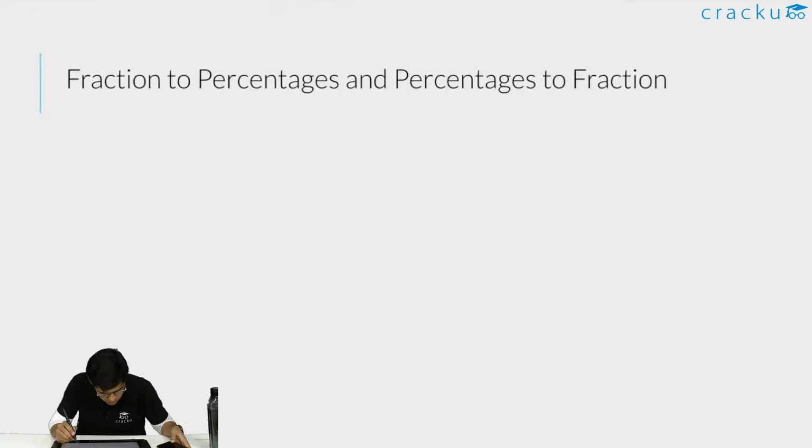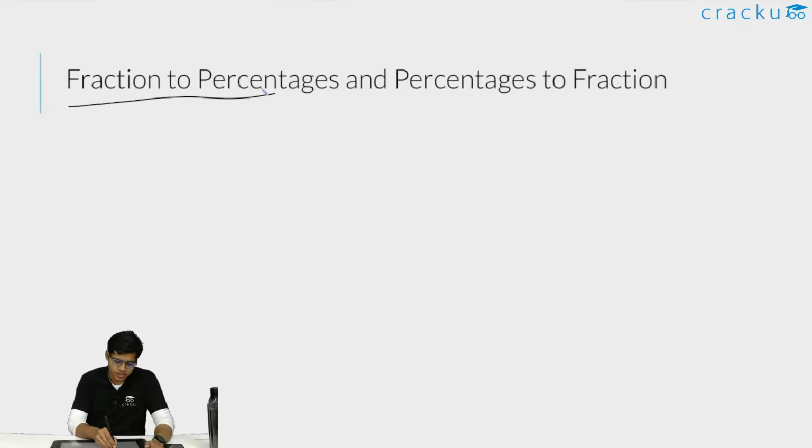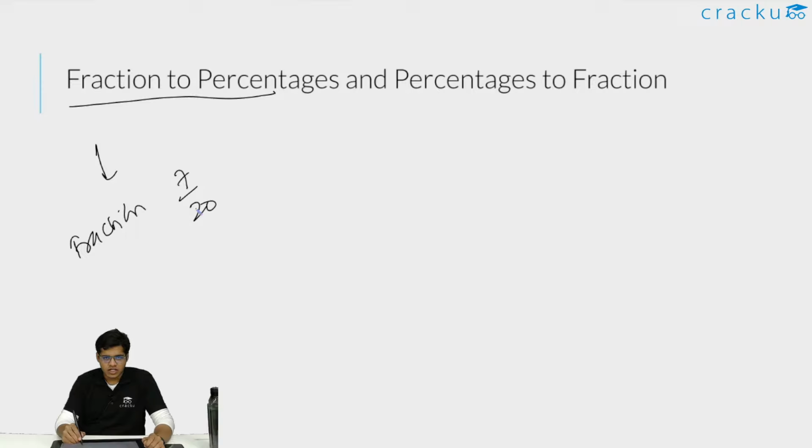So now, there are two things. One is fraction to percentages and another is percentages to fraction. Now fraction to percentages. Let's say the fraction be 7/20. How to convert a fraction into percentage? The basic idea is to multiply the fraction by 100%.